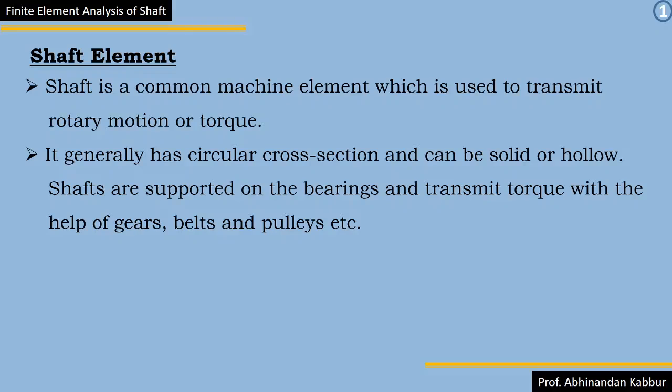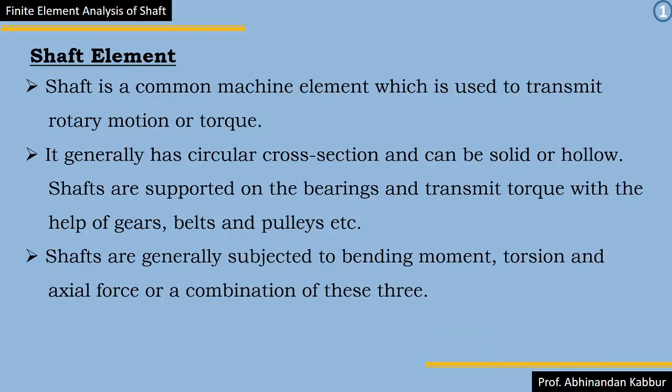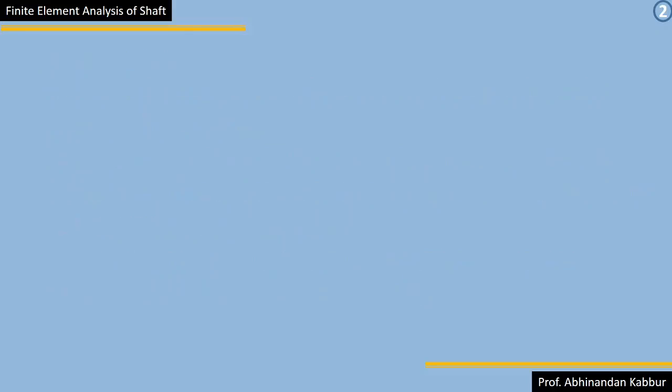Those shafts are supported on bearings and transmit the torque with the help of gears or sometimes a belt and pulley. Shafts are generally subjected to bending moment, torsion, and sometimes axial forces. In practical conditions, the shafts are usually subjected to a combination of these three: bending, torsion, as well as axial.